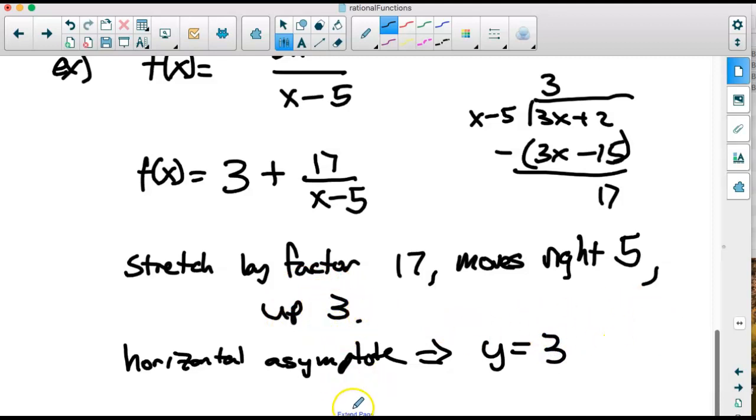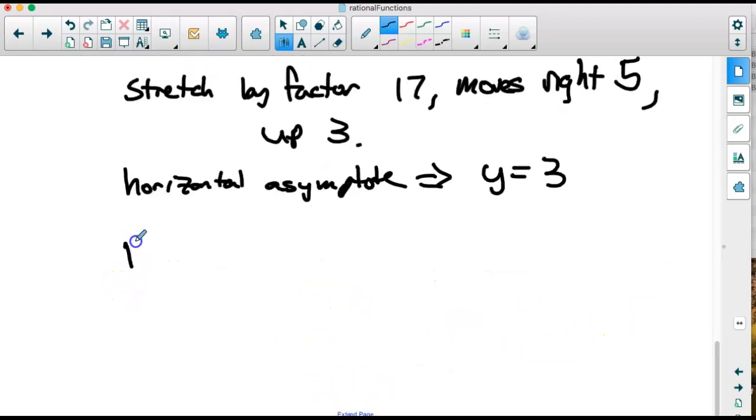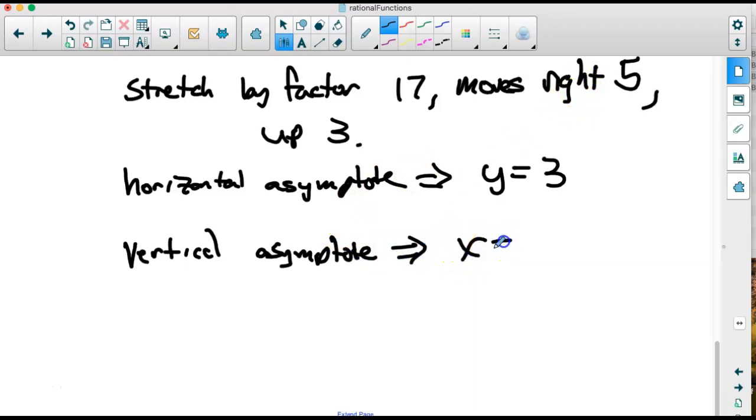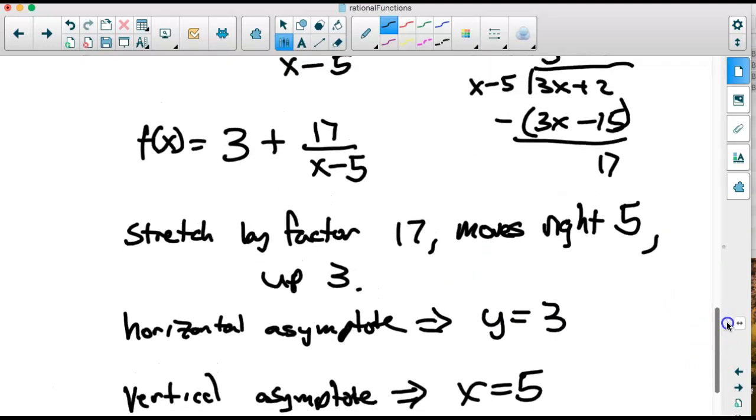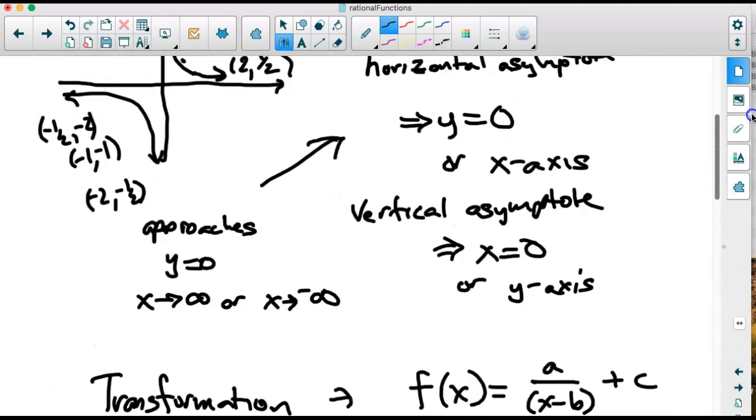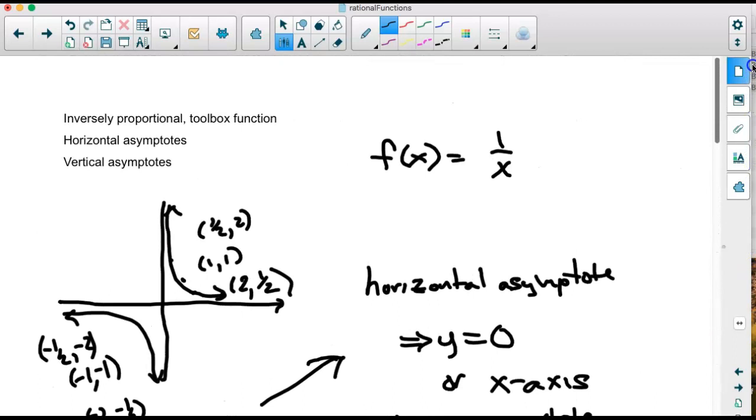And my vertical asymptote would shift from 0 to the right 5. So that would be x equals 5 as my vertical asymptote on that one. Okay, so that is the basic inverse proportional function with its asymptotes and transformations.